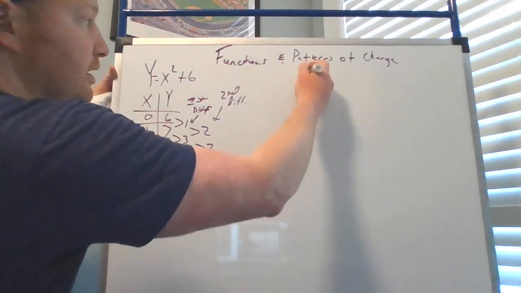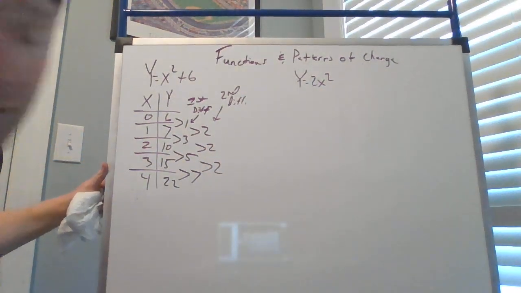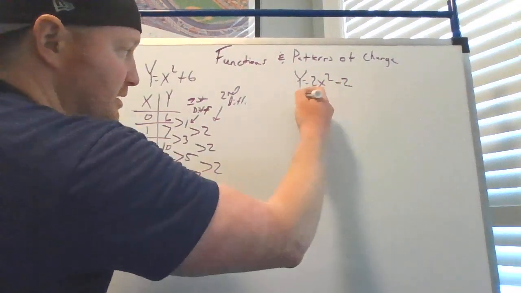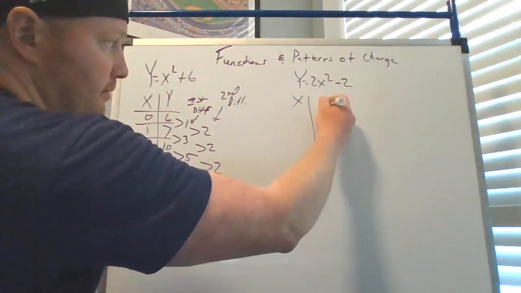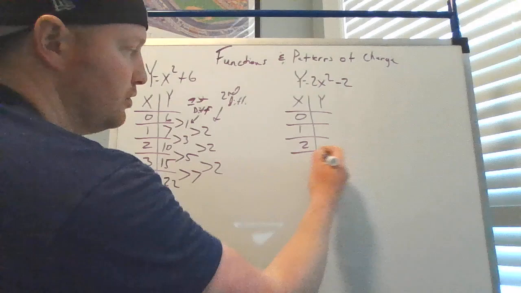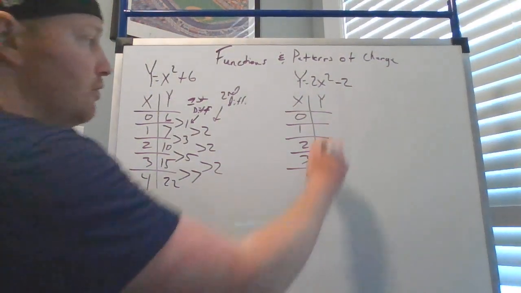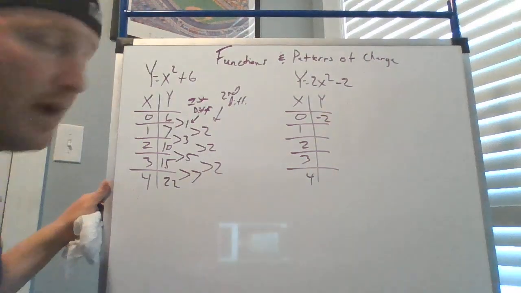Another equation that we can just do, and this will prove that this will always be true. I got 2x squared, let's just say minus 2. So I got 0, 1, 2, 3, and 4. When x is 0, y is negative 2, hence the y-intercept.